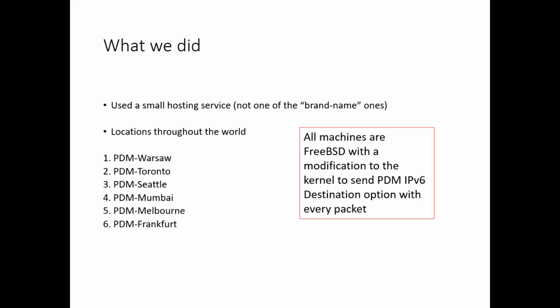So we just got some machines, I think it was like $6 a month, for some FreeBSD machines, and we did a modification to the kernel to send our PDM extension header with every packet. And what that will do is, with real data that you send, that is, if you do an HTTP request, if you do an FTP, if you do an ICMP, whatever, then it will send it with every packet.